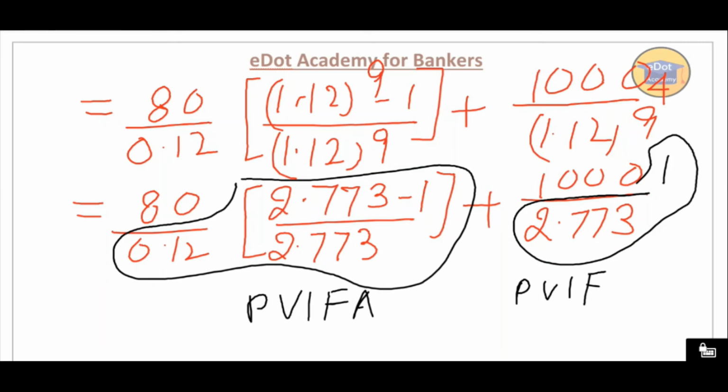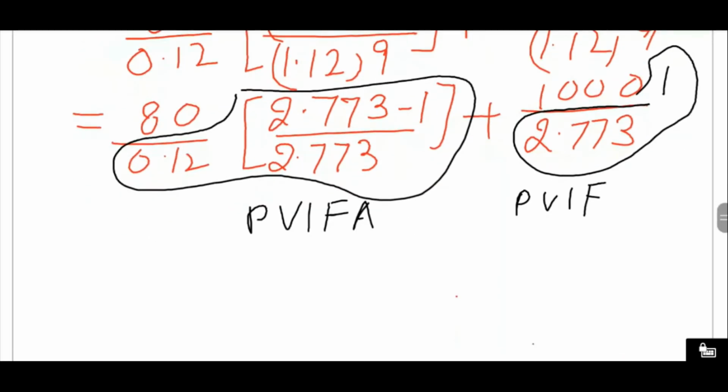Okay. Now I'll put this value directly, so 80 multiplied by how much value we have taken? 5.328.